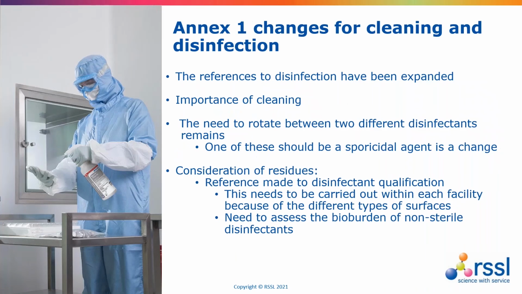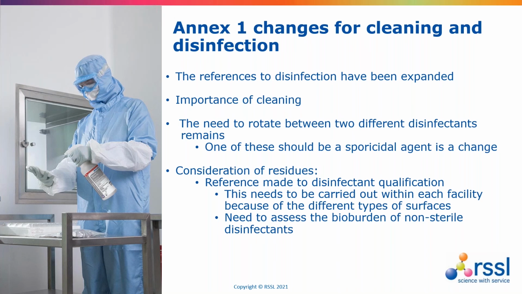So within Annex 1 and the CCS, it's notable that there's a lot more on cleaning and disinfection, and, as I said, the importance of cleaning is basically raised to the same level as disinfection. The need to rotate between two different disinfectants remains important, but there's also the requirement to incorporate a sporicidal agent into regular use.